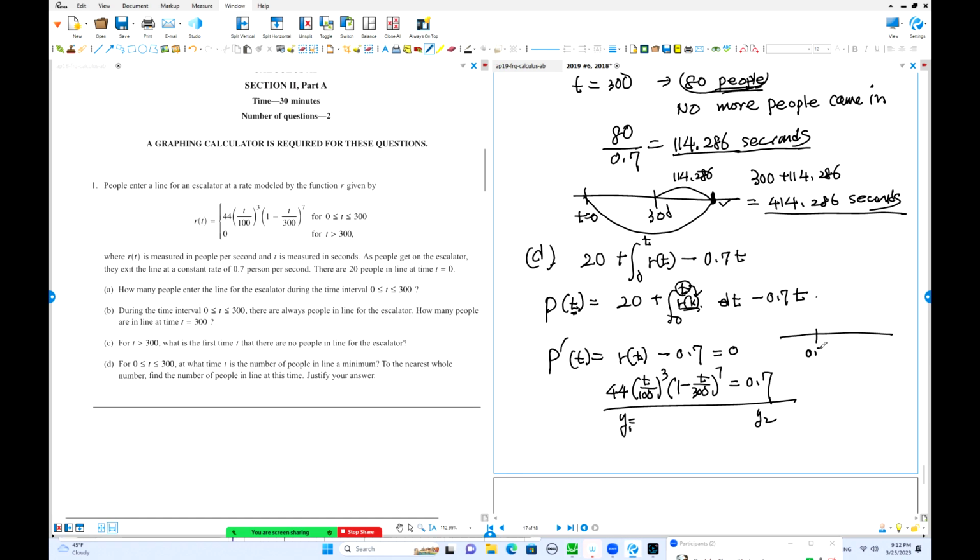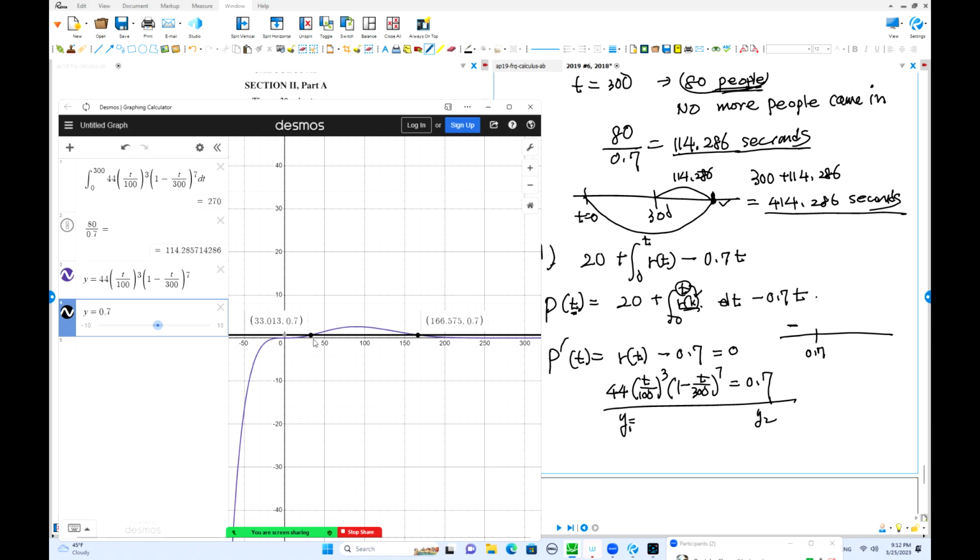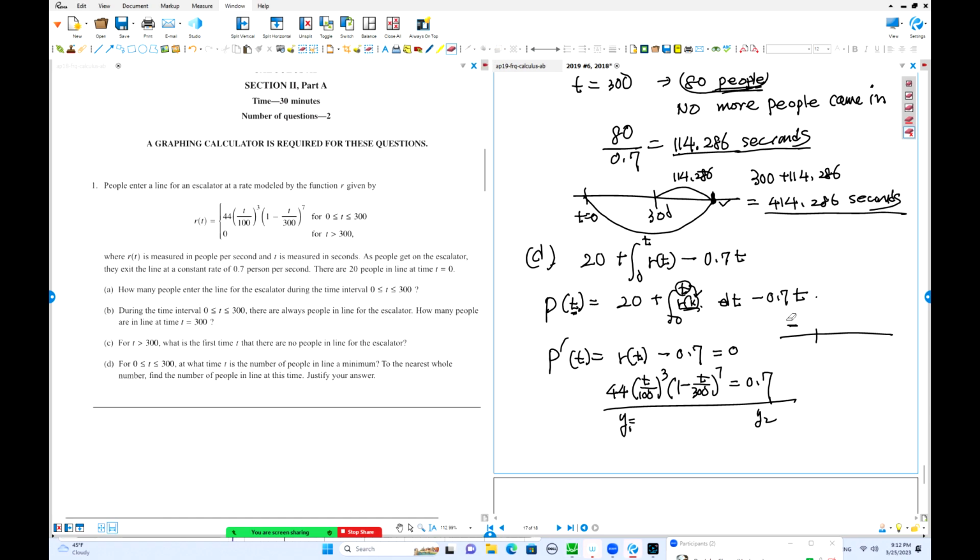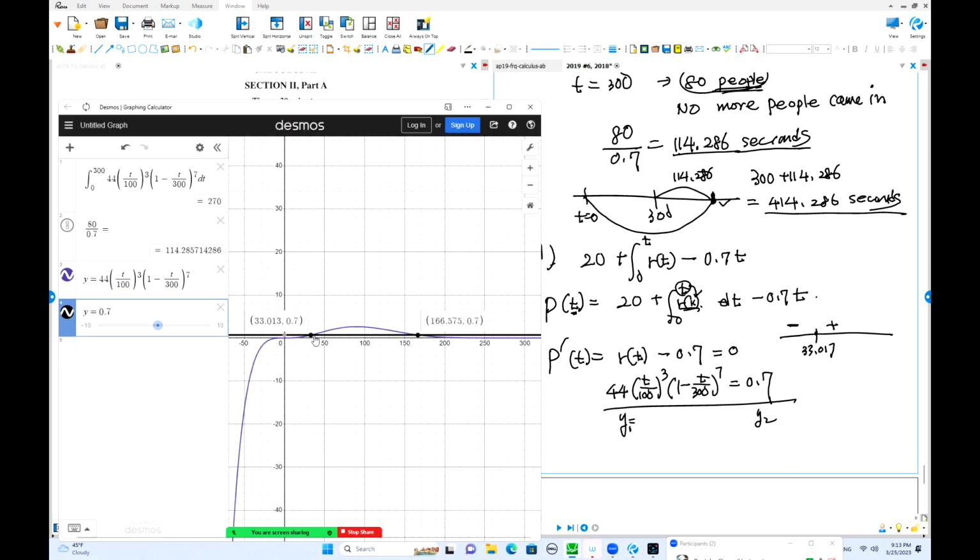At 0.7, P prime is negative. This point is 33.013, okay? At x equals 33.013, this is a minus, this is a plus. This is a little hard, okay?